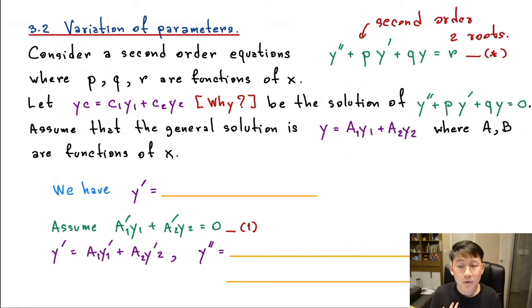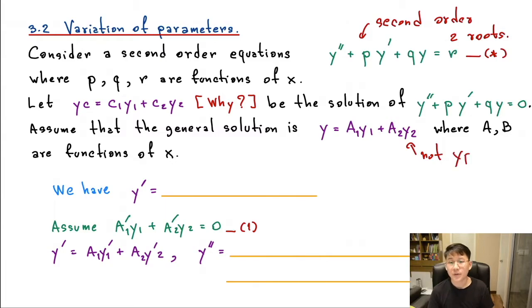And then assume that the general solution is y equals a1 y1 plus a2 y2. Guys, this is not yp. This is the solution. And a1 and a2 are not constants.